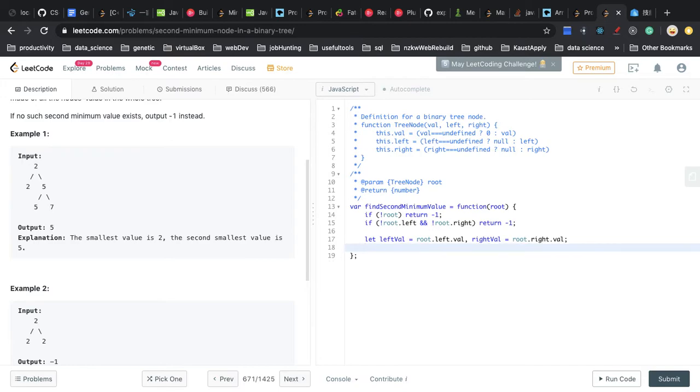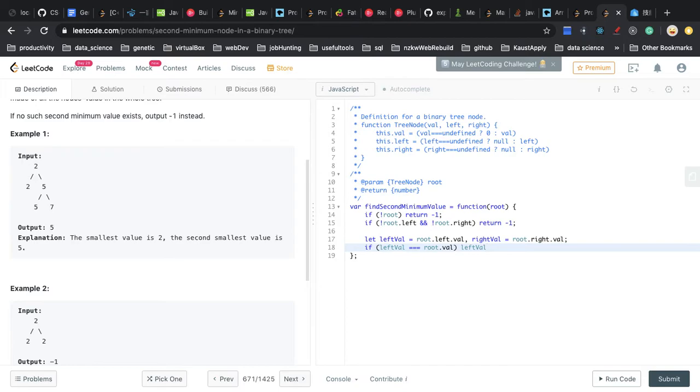So after we get the left value and the right value, we need to check if the value of the left node and right node is the same as the current node. So if left value equals the current node, then we will update the left value, because we know the current node is not what we want, because the current node value will be guaranteed to be the same as the root node.